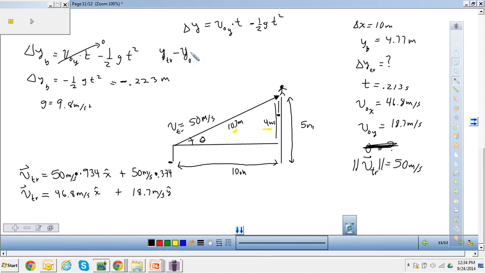What height was it initially? No, remember it's the tip of the barrel of the gun. So 1 meter, yeah. Times t minus 1/2 g t squared.